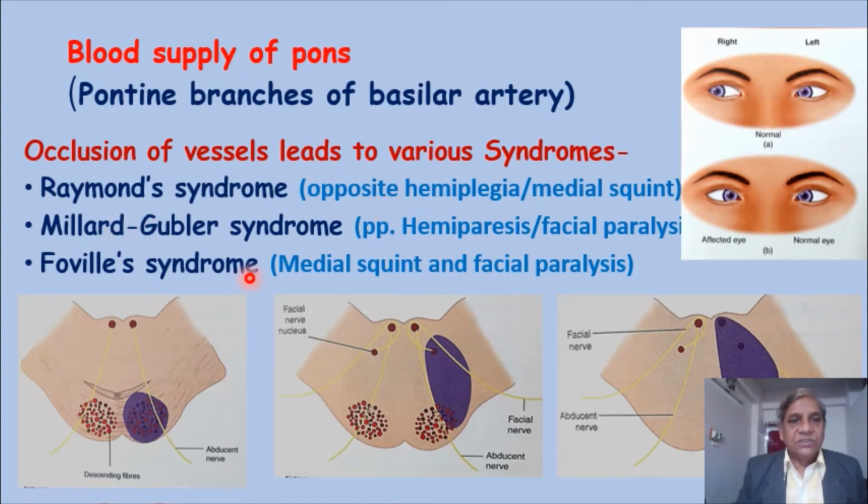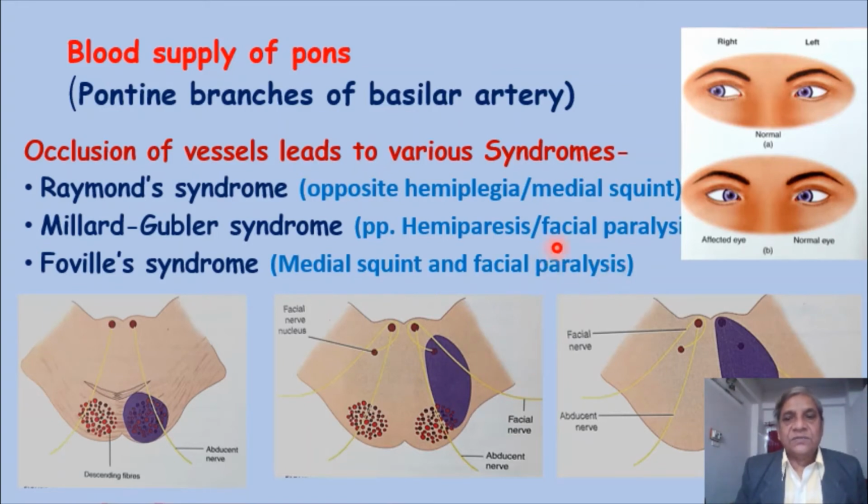The second syndrome involves a slightly more extensive lesion. It involves the facial nerve as well as the abducent, and part of the corticospinal tract, not complete. This syndrome is called Millard-Gubler syndrome, and it leads to hemiparesis, that is, partial loss of function in the muscles of the opposite side of the body, and facial paralysis on the same side.